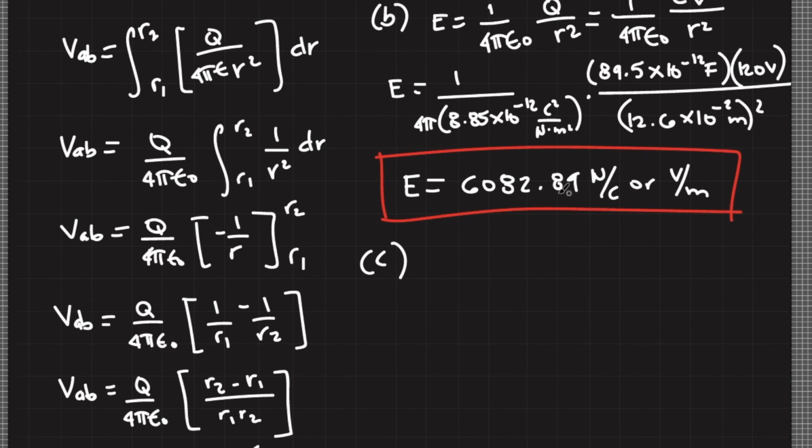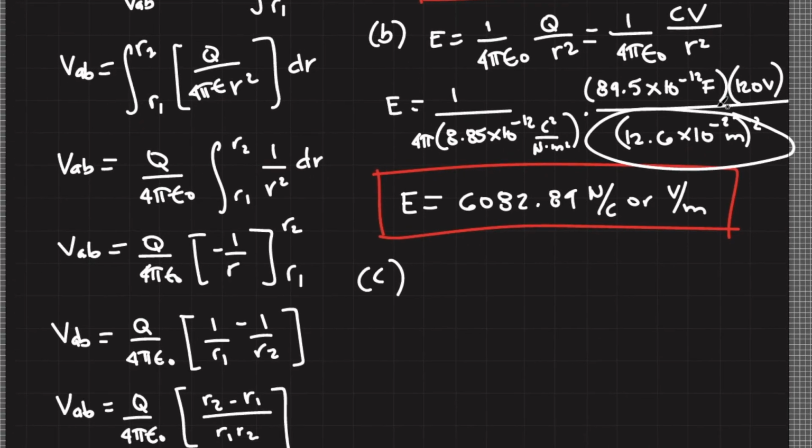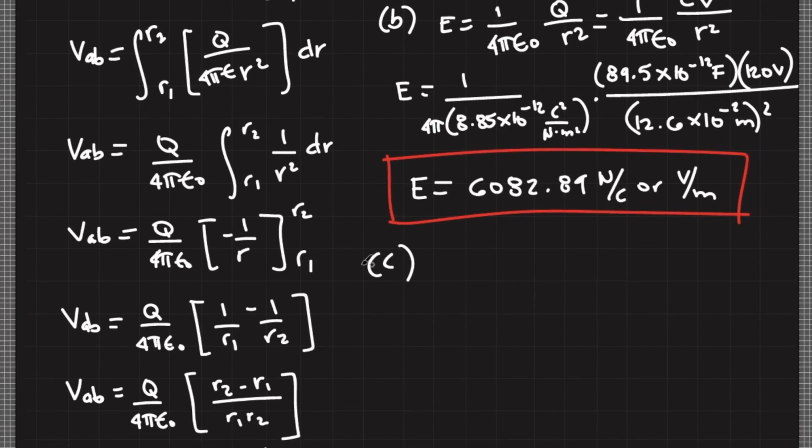So plugging in the values but just updating this r with 14.7, I'll end up with 4,469.10 newton per coulomb or volt per meter.